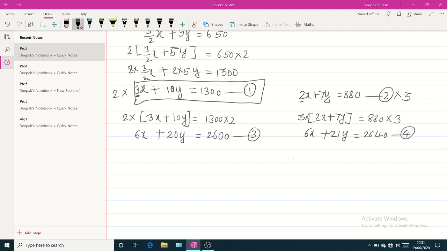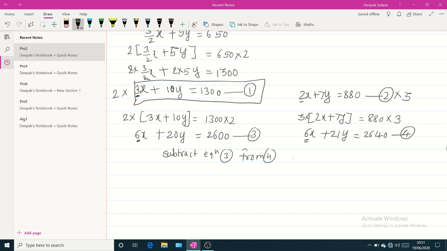So now the coefficient of x is the same in both. That's the reason why I'm solving this way. If the coefficient of a variable is equal and the signs are the same, we need to subtract. So subtract equation 3 from equation 4.